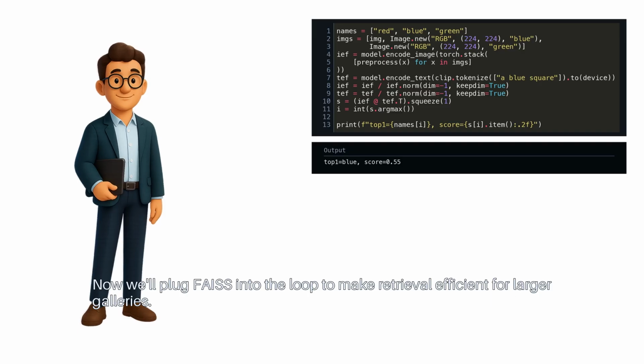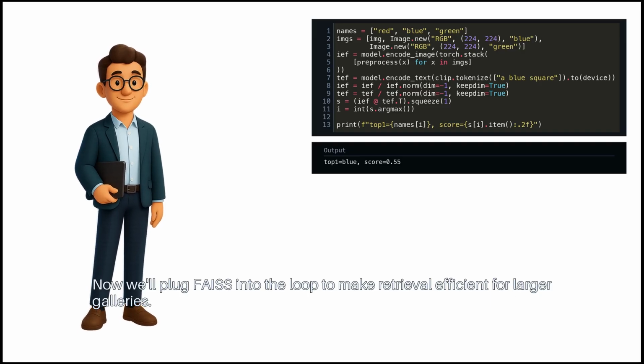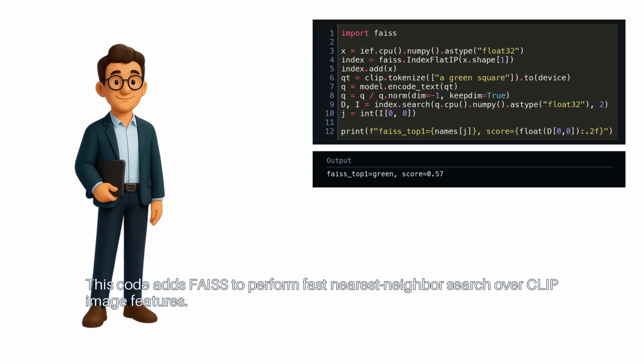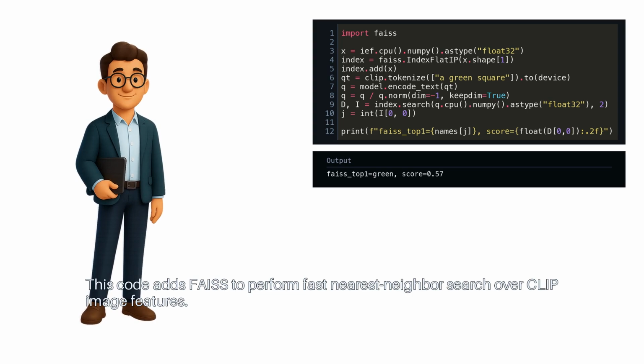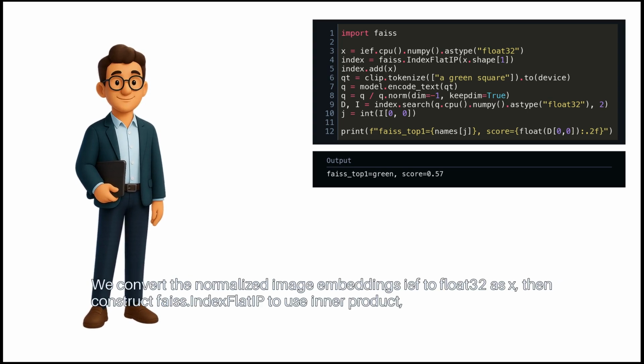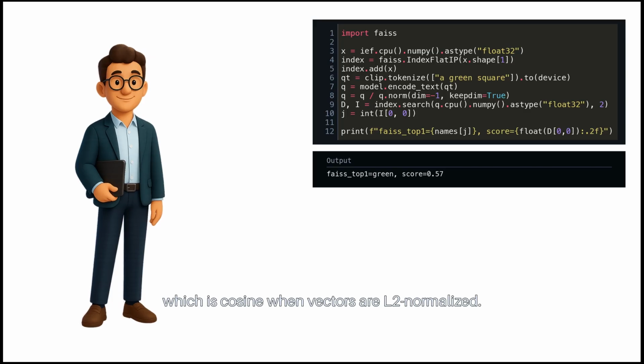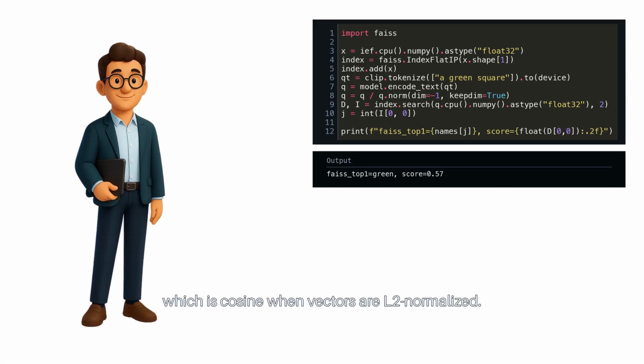Now we'll plug FAISS into the loop to make retrieval efficient for larger galleries. This code adds FAISS to perform fast nearest neighbor search over CLIP image features. We convert the normalized image embeddings IEF to float32 as X, then construct faiss.IndexFlatIP to use inner product, which is cosine when vectors are L2 normalized.